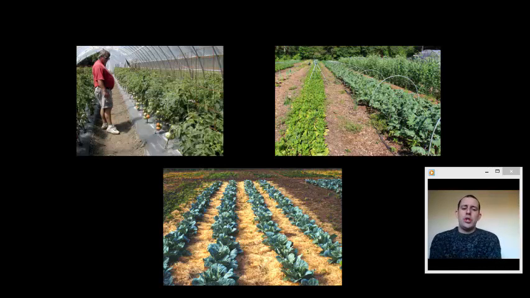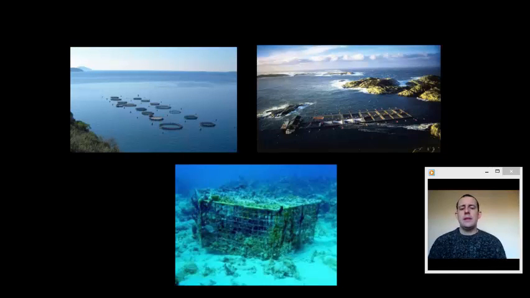In aquaculture, extensive systems tend to be in larger pools, using more natural pools, so they might be in a lake, but in that lake they are in a surrounded area, if you like, so they can't leave it, but they still are in their natural surroundings. But one of the problems with that is that you can't control the environment.